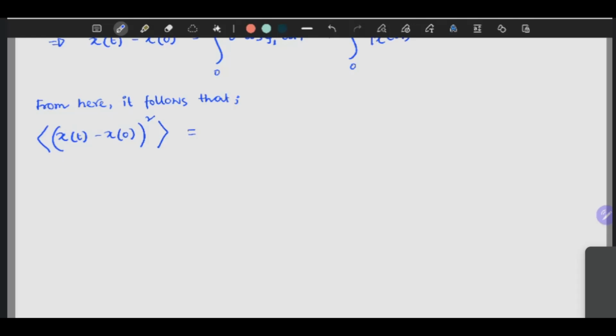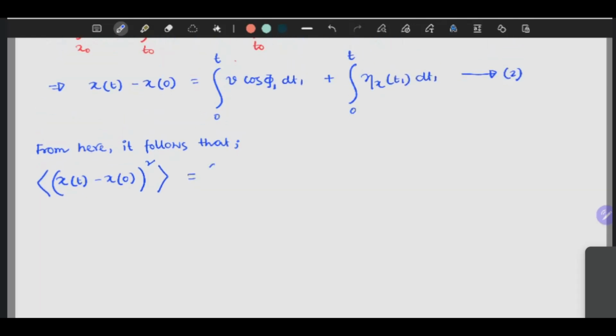Now we have to integrate over two time lag values, right? 0 to t dt1, again 0 to t dt2.